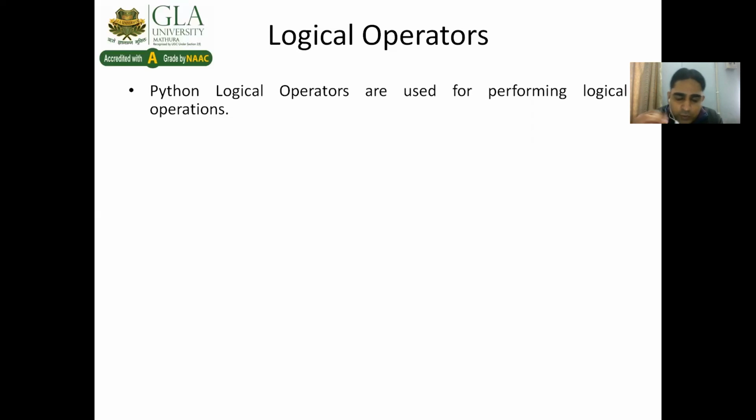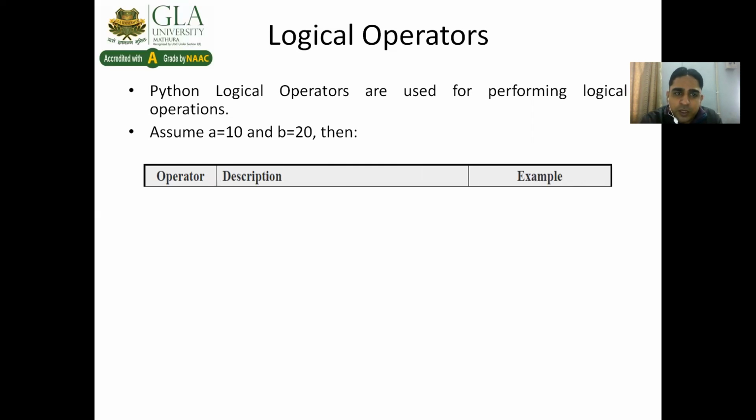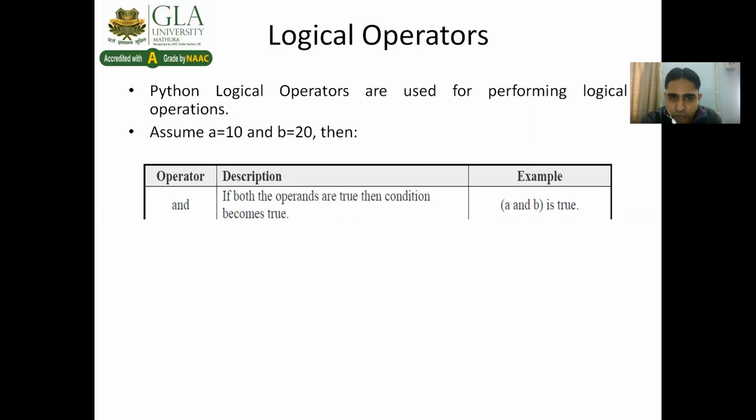Whatever is true has to be made false, or vice versa. For example, assume that a equal to 10 and b equal to 20. The AND operator is asking you, if both the answers are true, then only you are going to get the answer as true.